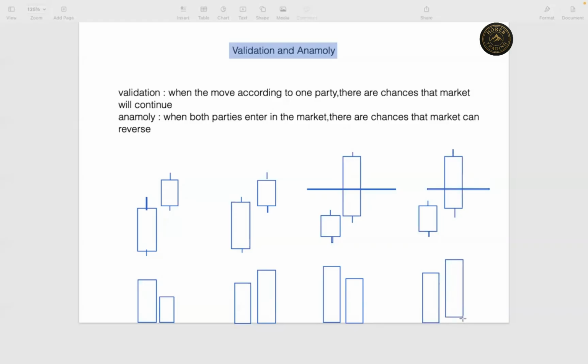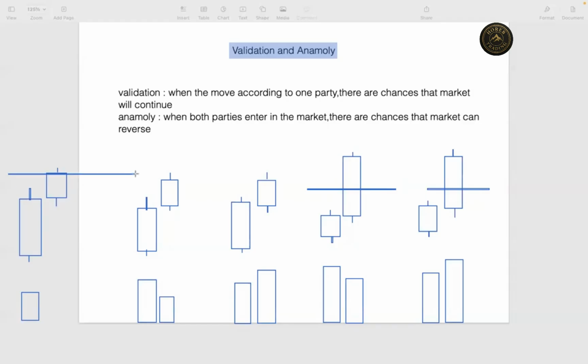Okay, so here we have a big candle, a good volume, small candle at the resistance.